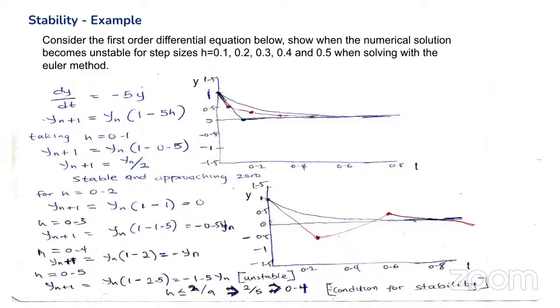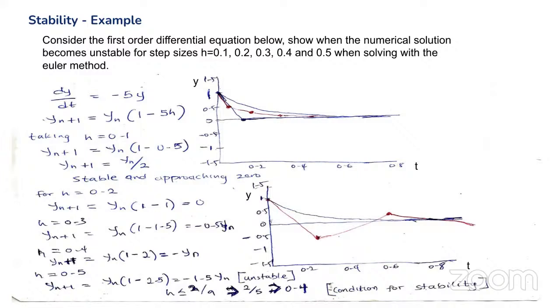And if you look at it, comparing it with the condition for stability, we find out that h is less than or equal to 2 over a, and a is 5. So 2 over 5 will be 0.4. So it means that if you are taking h greater than 0.4, that solution will be unstable.